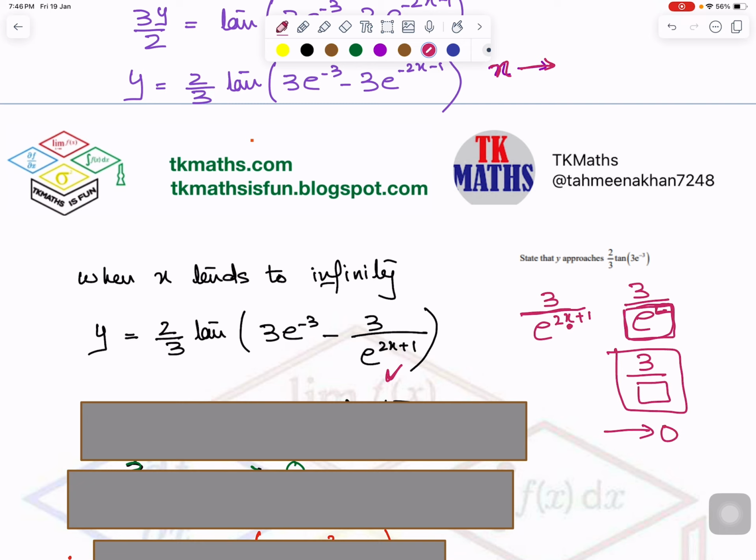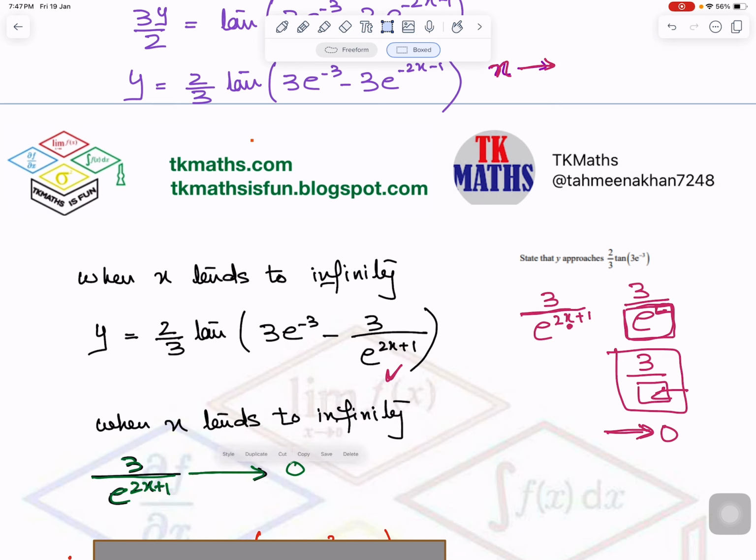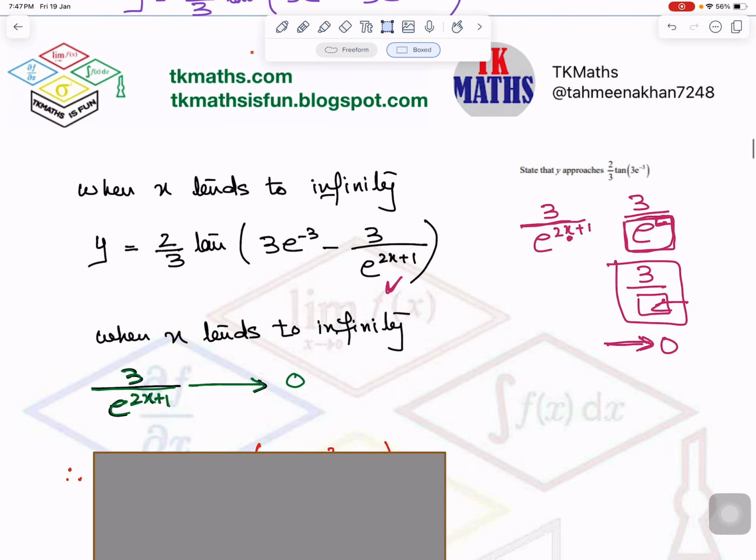Yes, it will be 0.0000 something. You can check. As the denominator will increase, the answer of the fraction will be close to 0. So that's why we say here, when x tends to infinity, then this term will go towards 0.